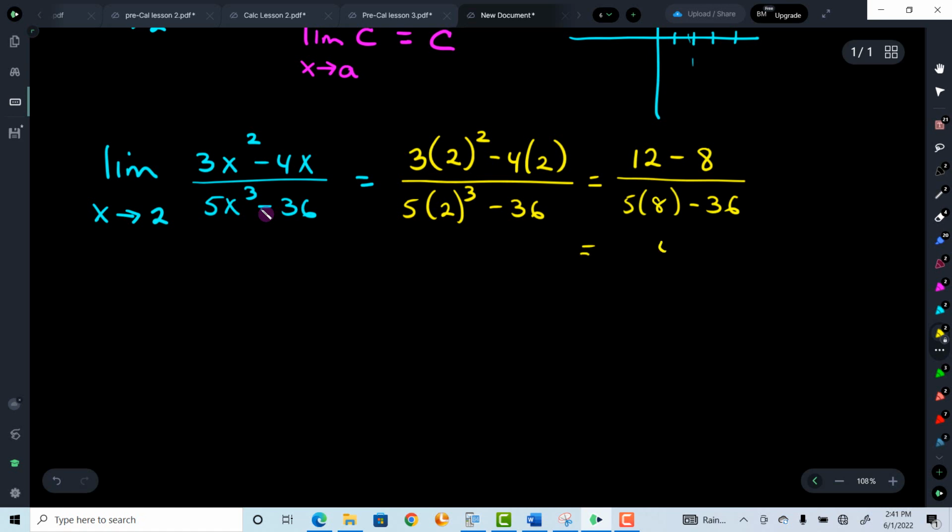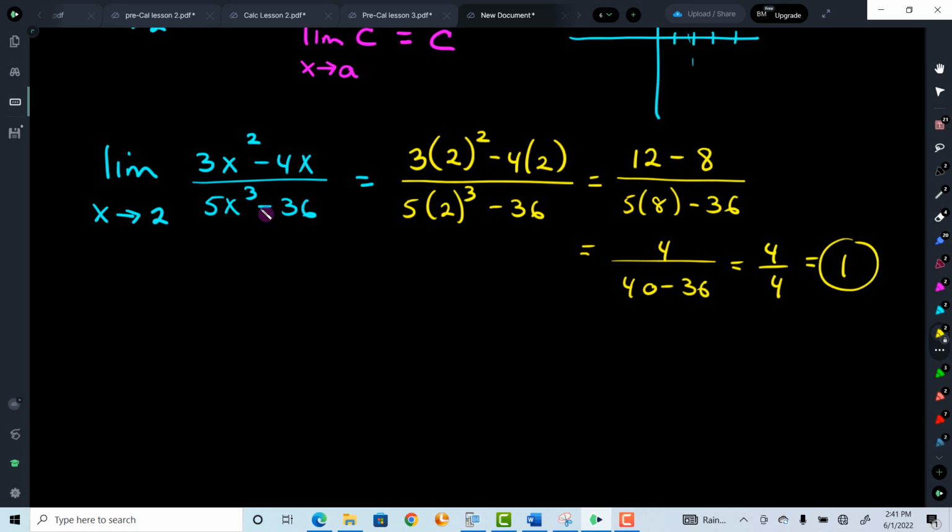And that gives us 4 over 40 minus 36. So that's 4 over 4, which equals 1. So the limit as x approaches 2 of that function is 1.